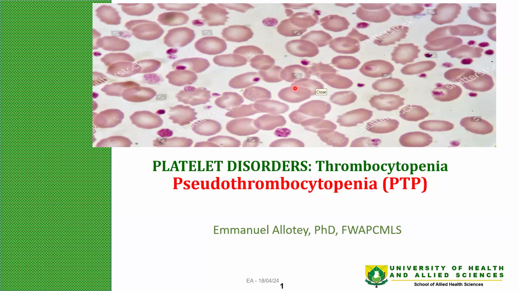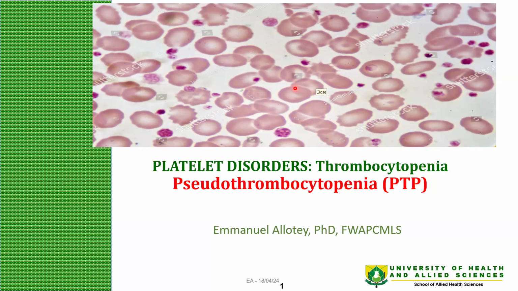And that is what is resulting in the thrombocytopenia. Other times too, the number of platelets in the sample is adequate. But when you run your sample through the analyzer, other factors which may be analyzer dependent are what is causing that thrombocytopenia or pseudothrombocytopenia.